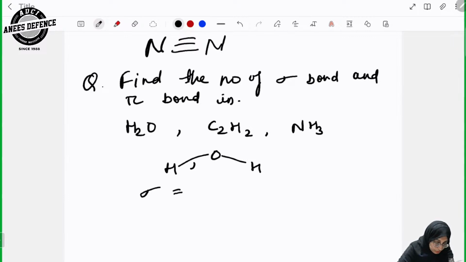How many sigma bonds? One, two. Two sigma bonds. You have to draw the structure, then calculate the number of bonds to find the sigma bonds.